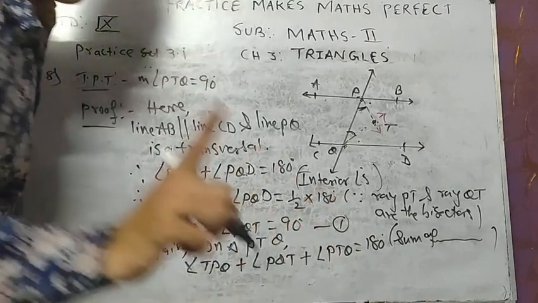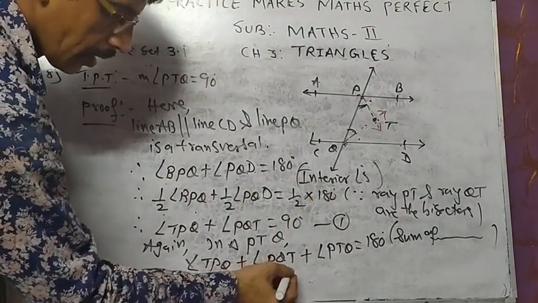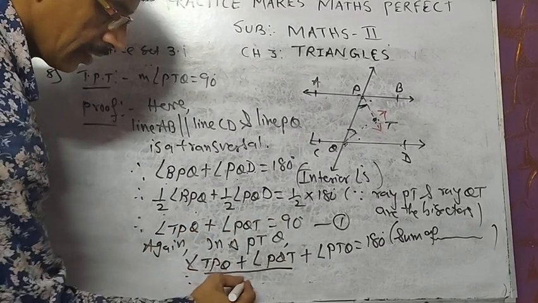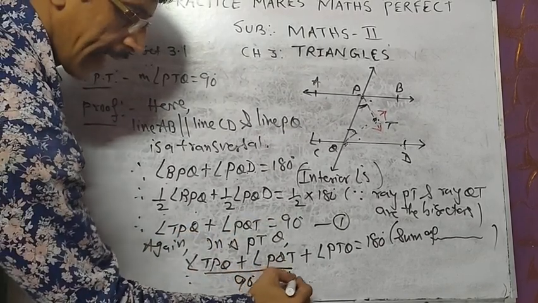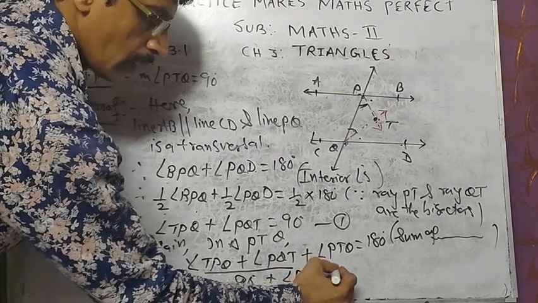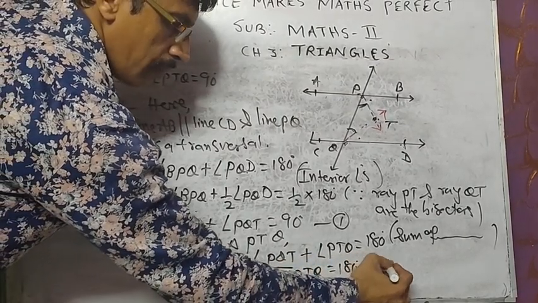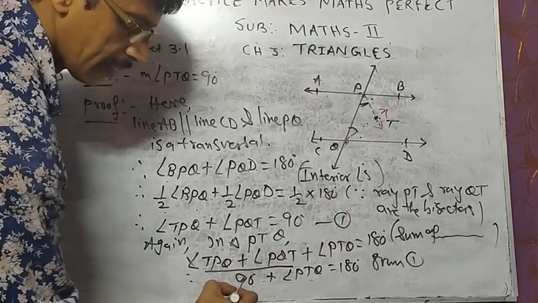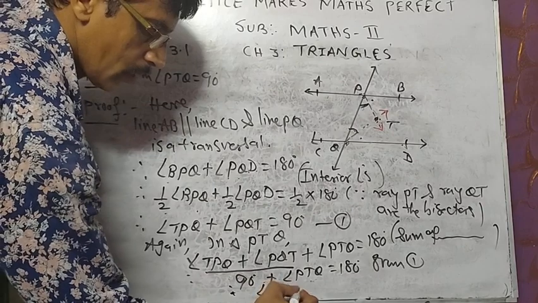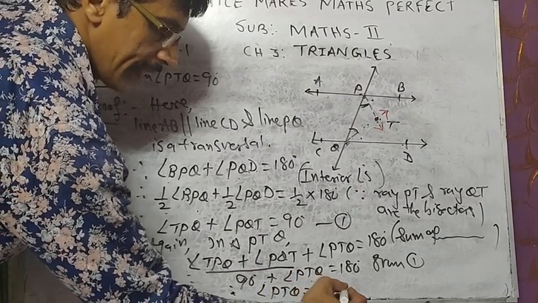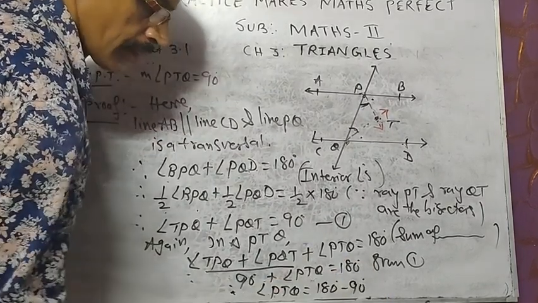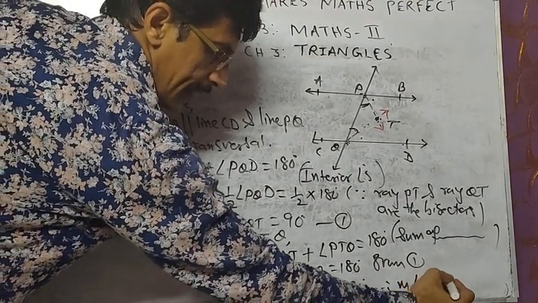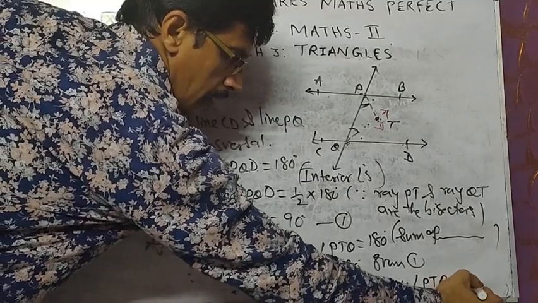Full reason you have to write. Okay. Now sum of these two, you know sum of these two is 90. So 90 plus angle PTQ is equal to 180 degree from 1. Okay. 90 will go there, becomes minus. Therefore angle PTQ is equal to 180 degree minus 90. And therefore measure of angle PTQ is equal to 90.